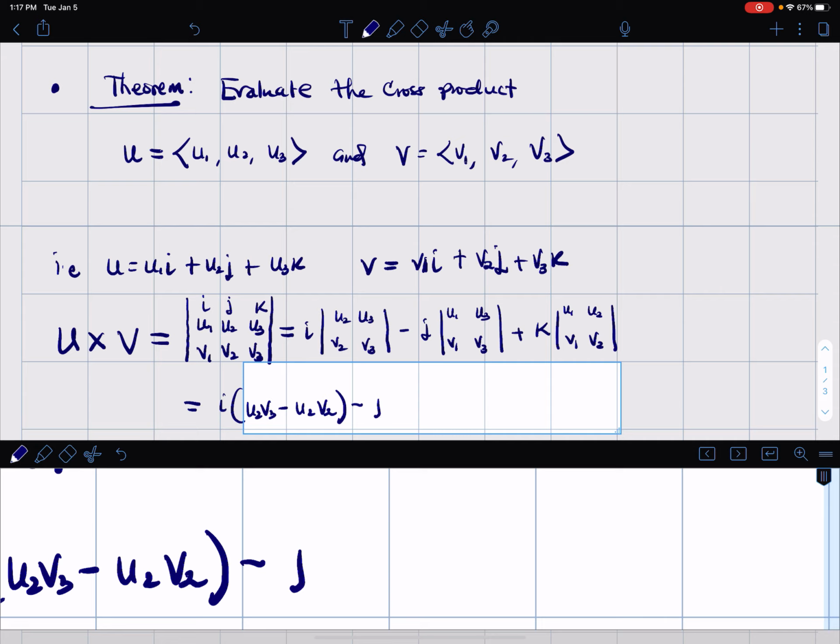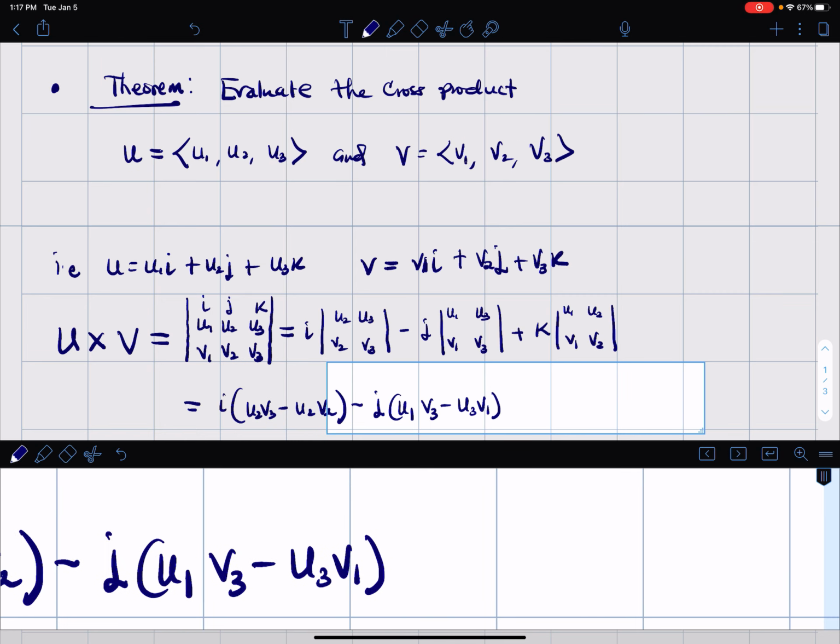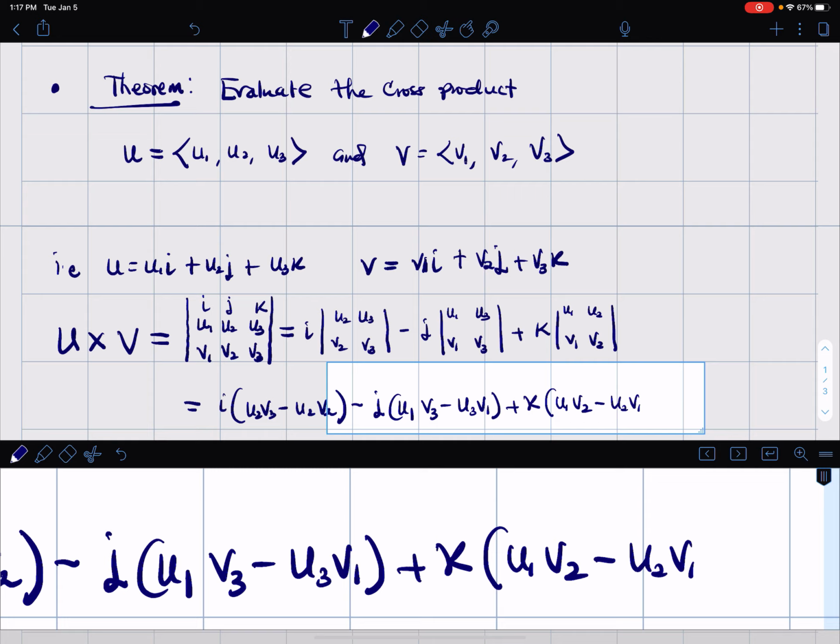Okay, so this is just going to be i times (U2 V3 minus U3 V2), minus j times (U1 V3 minus U3 V1), making a mess, plus k times (U1 V2 minus U2 V1).